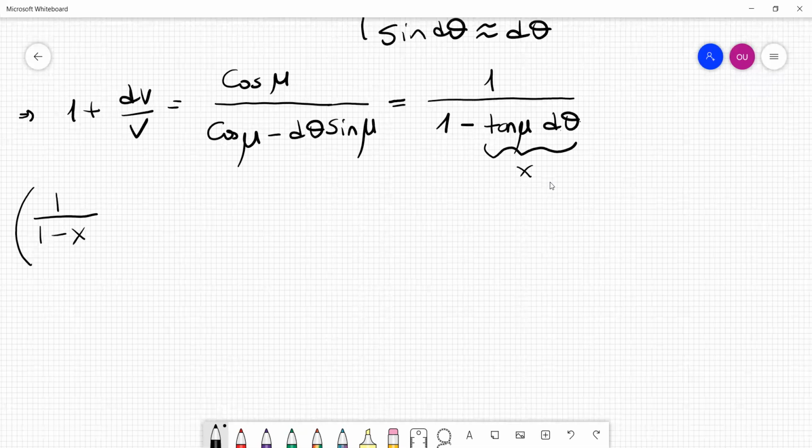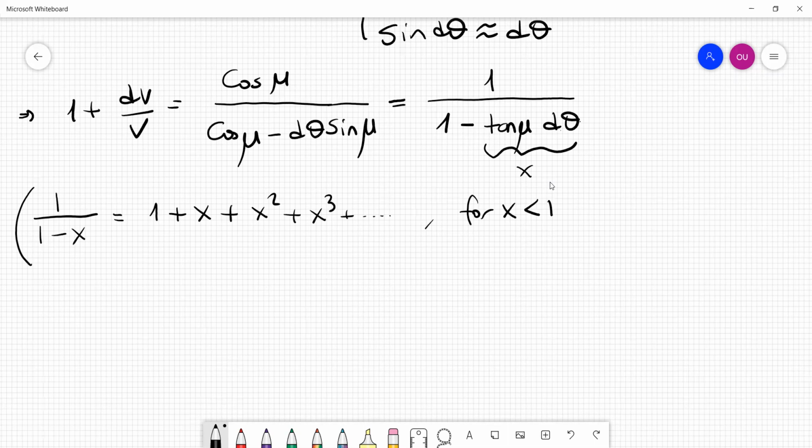So in mathematics, this expression can be replaced by a polynomial approximation, an infinite series. It can be written as 1 plus x plus x squared plus x cubed, and it goes like that for x values smaller than 1.